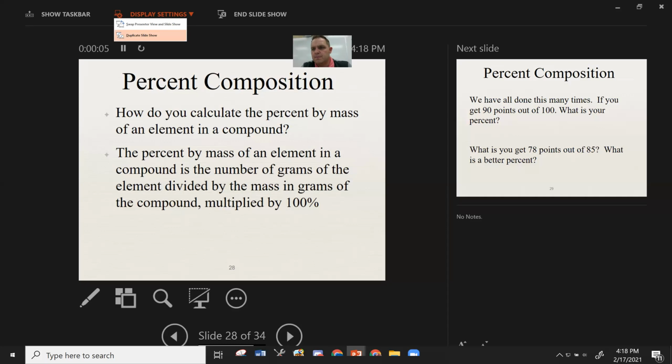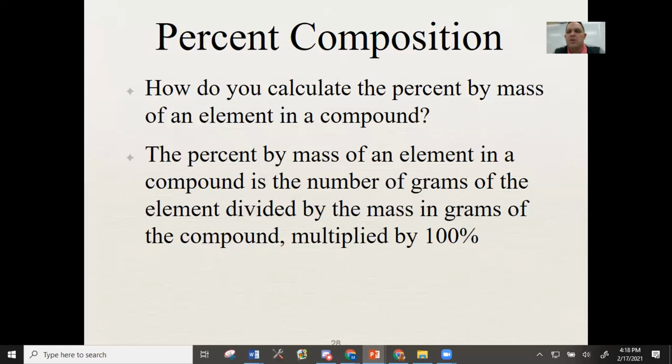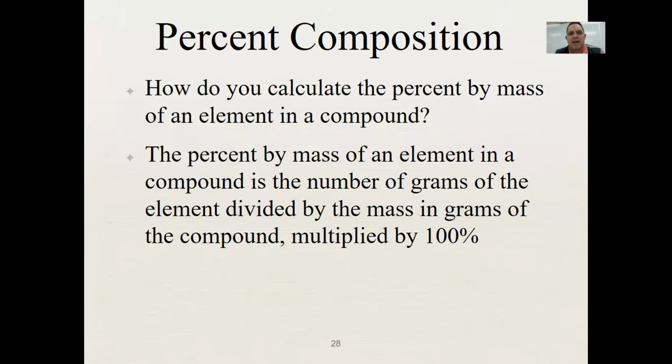All righty. Well, percent composition, we do this by looking at the mass. So we want to remember that when we talk about mass, we're really talking about grams. And I think you guys understand what percent composition is. We do it all the time when we think about scores on a test.